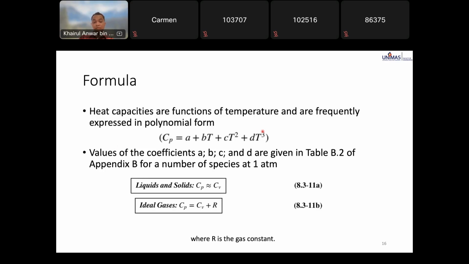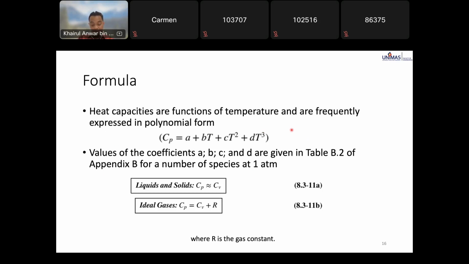The heat capacity as a function of temperature is frequently expressed in polynomial form: Cp equals A plus BT plus CT squared plus DT cubed. That is referred to from Table B2 on the top. There are two forms.